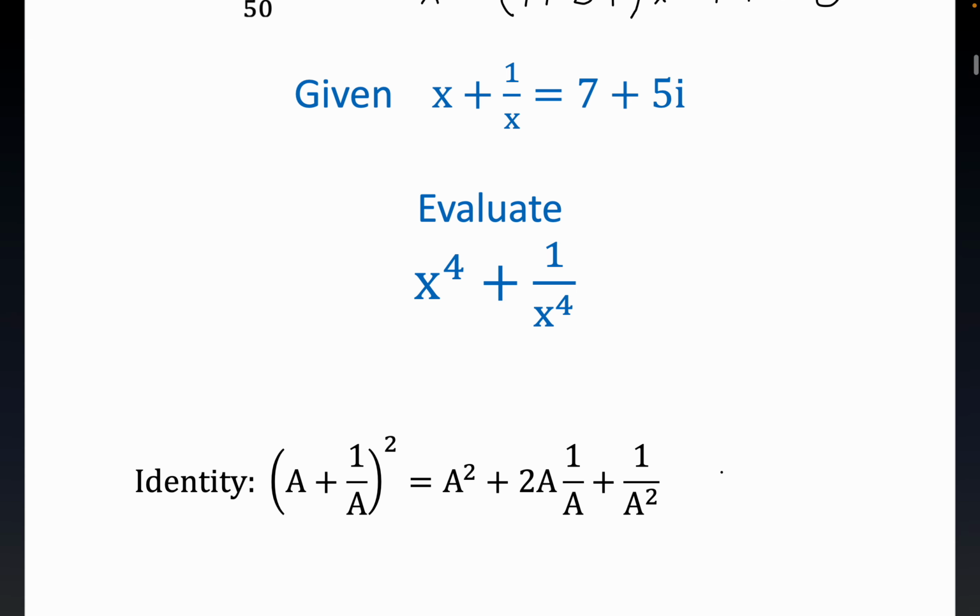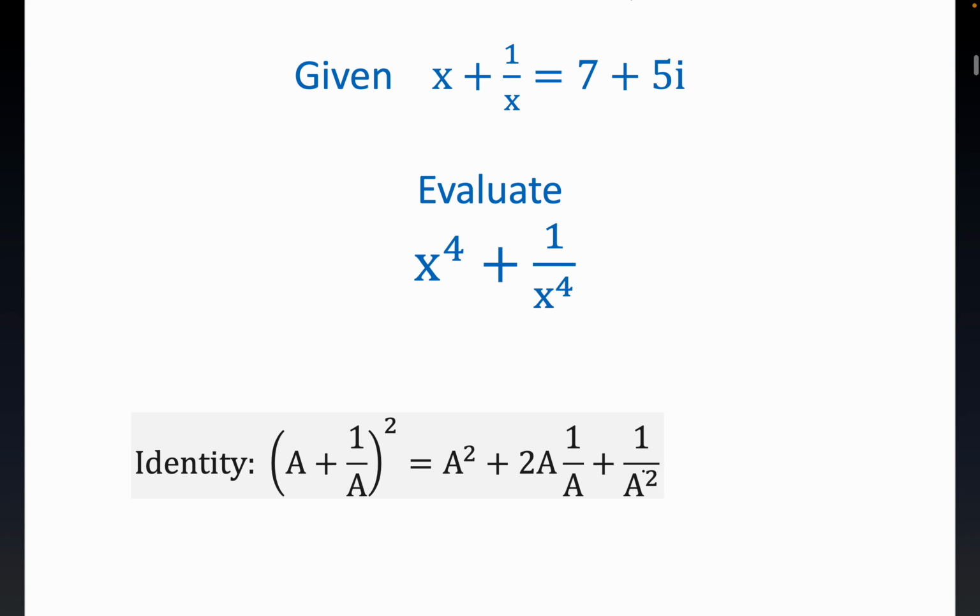Now an important identity that you may have surmised here is that if you sum up a number and its reciprocal and square it, you get this right here. This is just the famous form a squared plus 2ab plus b squared. Now notice this part right here is just 2, right?